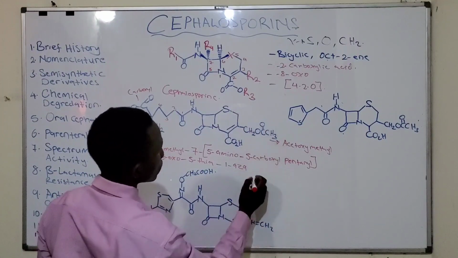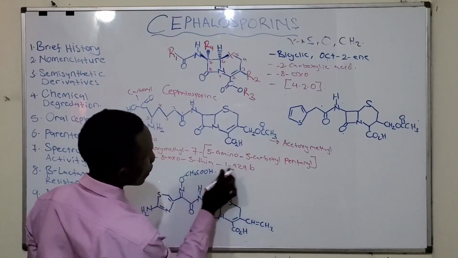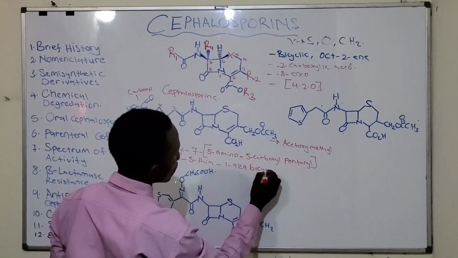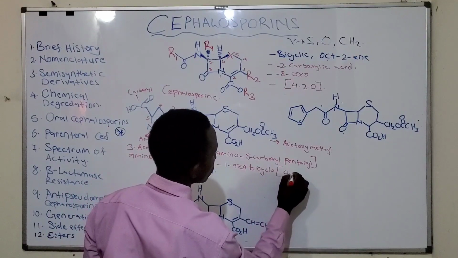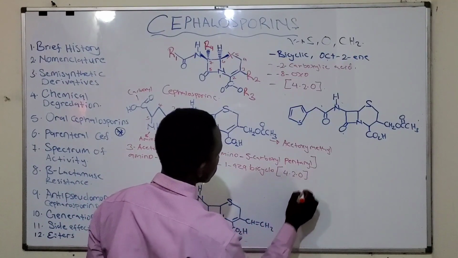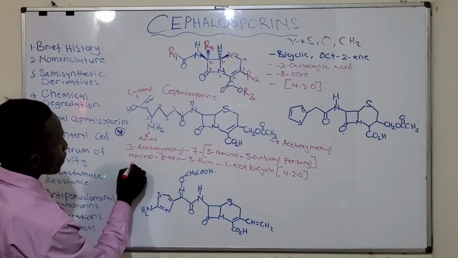Now it's a bicyclo. So it is 1 thia, 5 thia, 1 aza bicyclo 4 2 0.